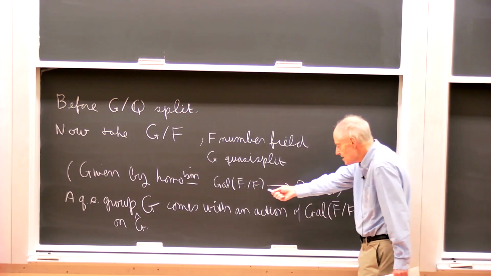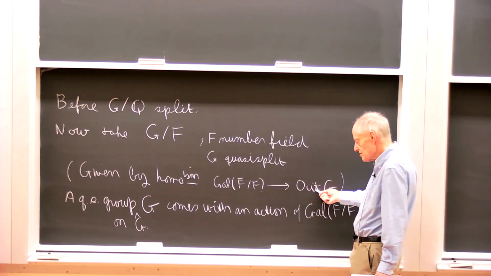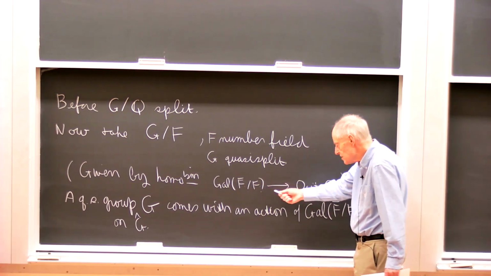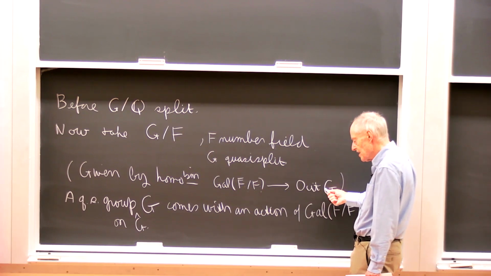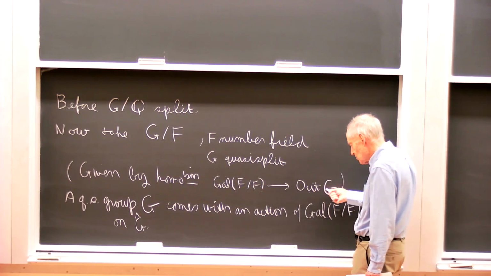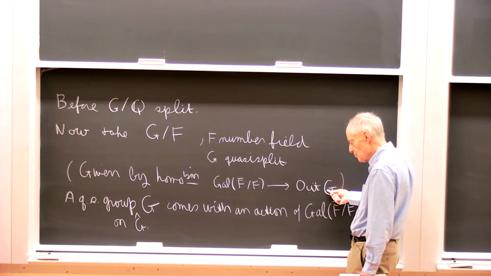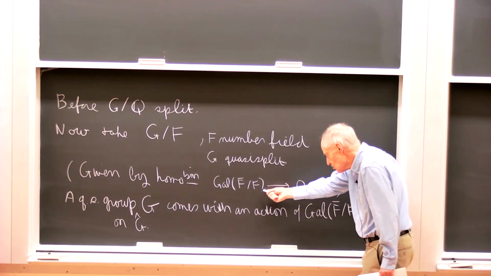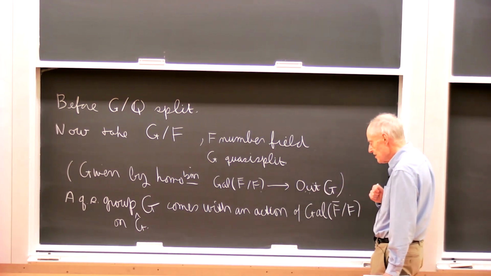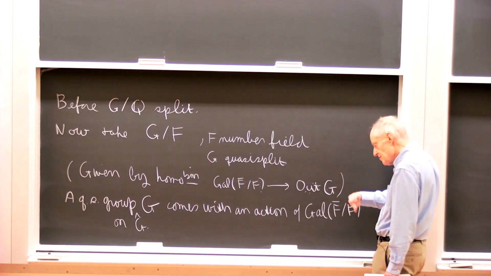And by the way, this is a homomorphism of the Galois group into an actual group of outer automorphisms as automorphisms, not just the quotient group of automorphisms modulo inner automorphisms, which is how outer automorphisms are defined.